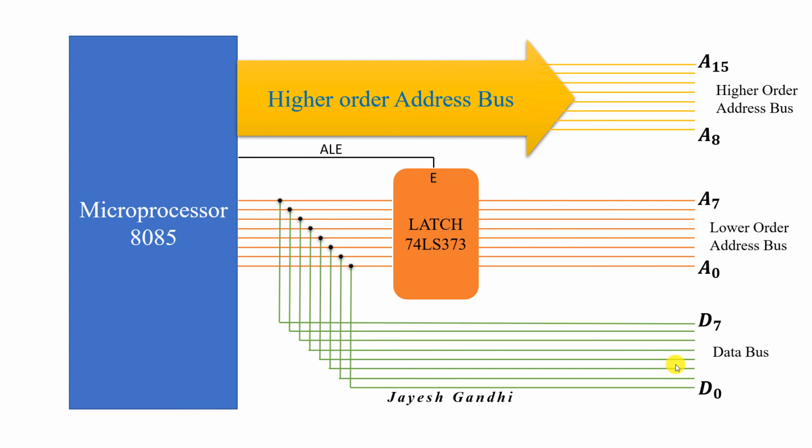We have also talked about the bus interface unit and the internal multiplexing of 8085, and then externally you have to demultiplex the address bus and the data bus. So that demultiplexing is done with an external latch, and you find that the address bus and data bus are separated out with the help of the ALE signal.